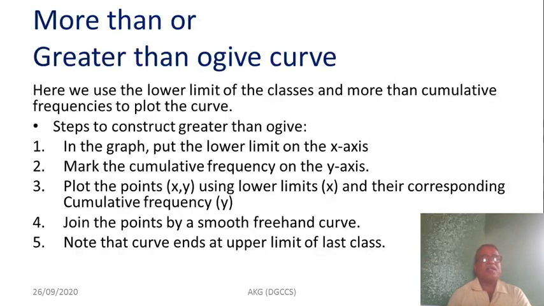पुढचा जो ग्राफ आपल्याला पाहायचा आहे मोर दॅन किंवा ग्रेटर दॅन ओगिव्ह कर्व, त्याचं कन्स्ट्रक्शन कशा पद्धतीने आहे पहा. फर्स्ट स्टेप, in the graph put the lower limit on the x-axis.